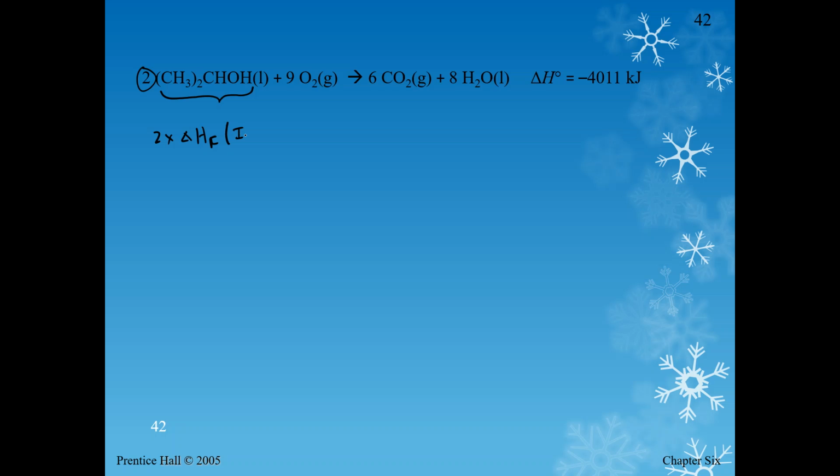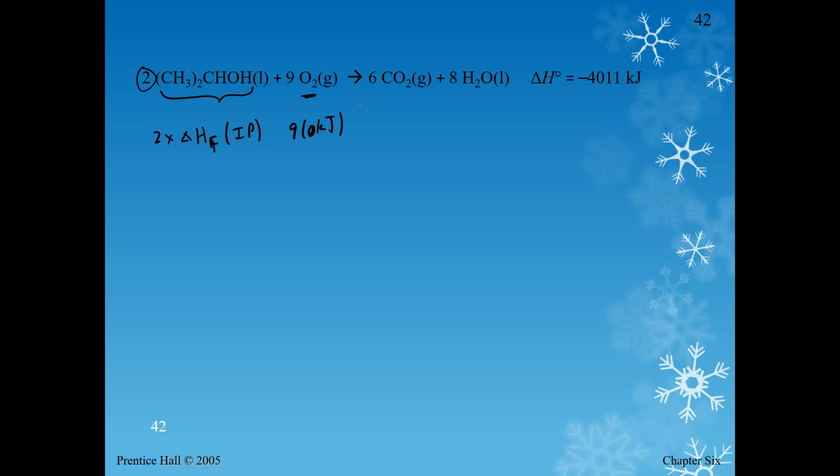I'm going to use IP to represent isopropyl alcohol, all right? Okay, oxygen by itself, it's an element, not combined with anything. So guess what? Its value is 0. So 9 times 0 kilojoules would be the total amount of enthalpy of formation provided by the oxygen.